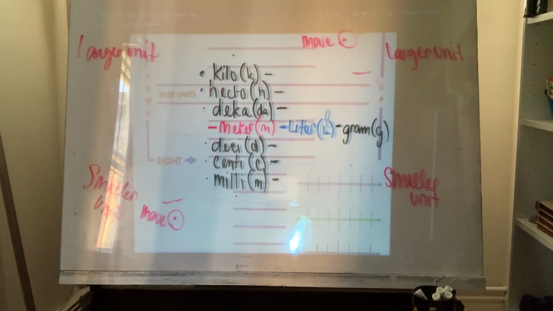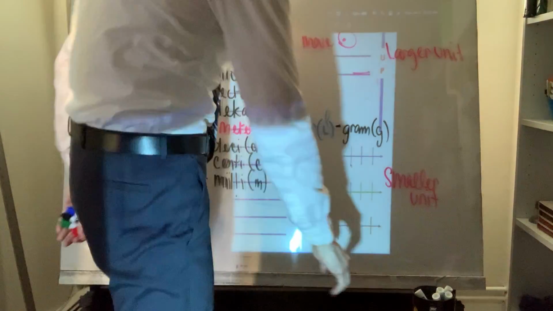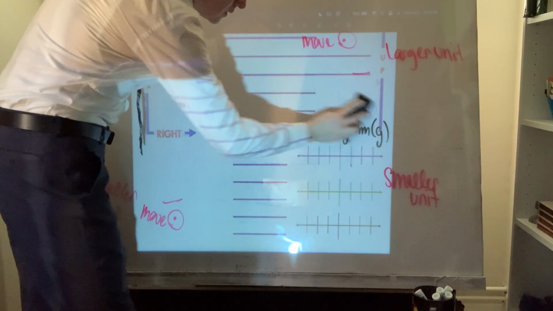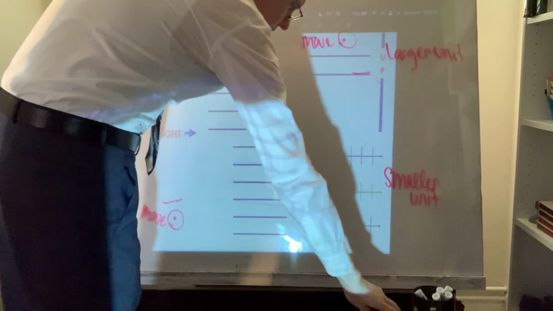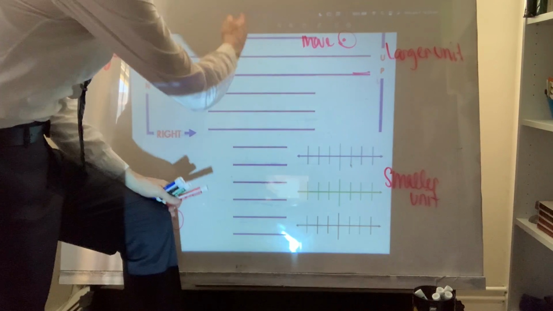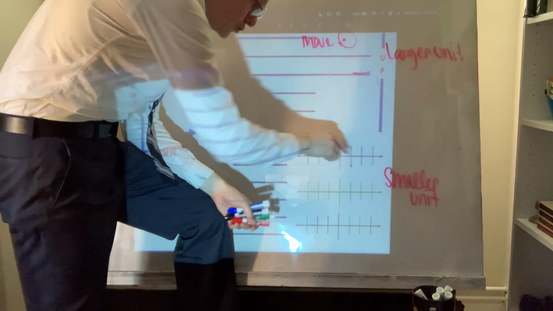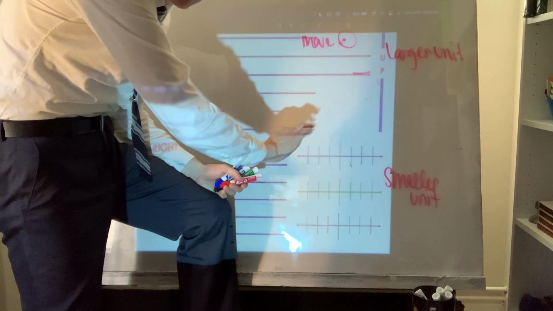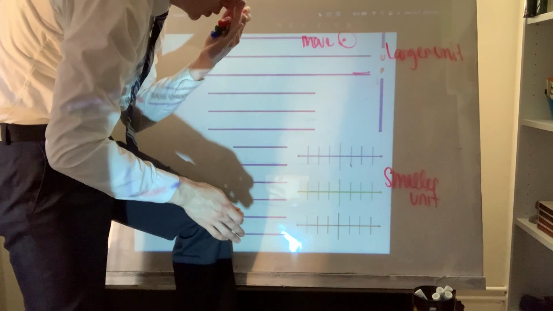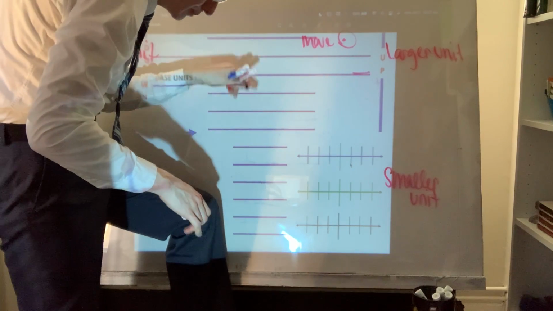So let me just show you that now. This is a little bit more practical, the horizontal scale versus the vertical scale, because it tells you immediately what the direction is that you're moving a decimal point. You just have to label it correctly. You really must know the abbreviations and the base units and what they're called and the prefixes.